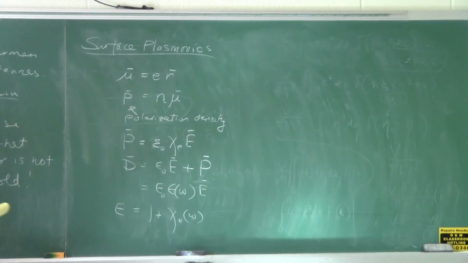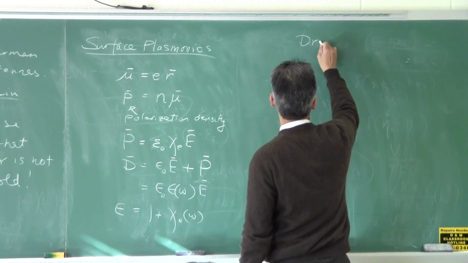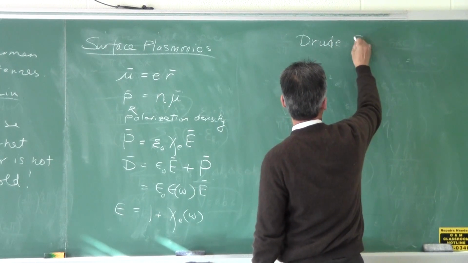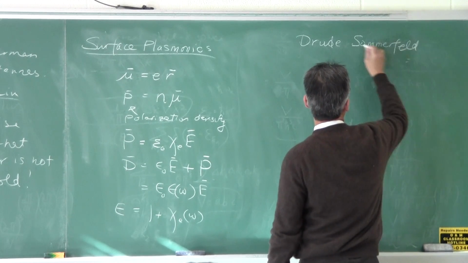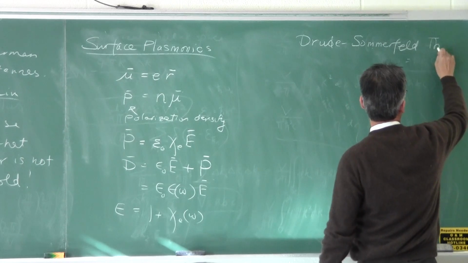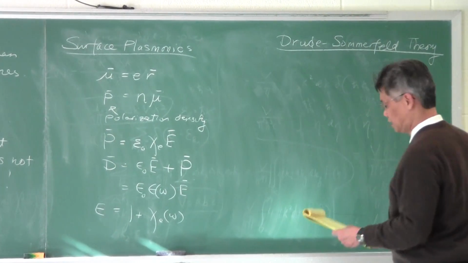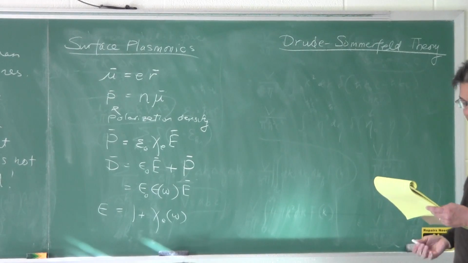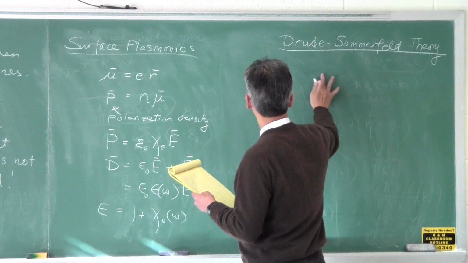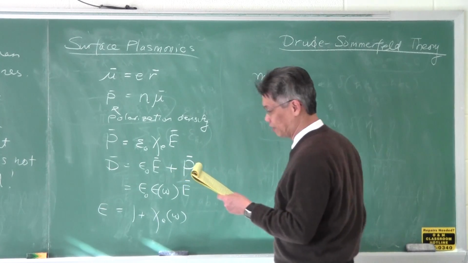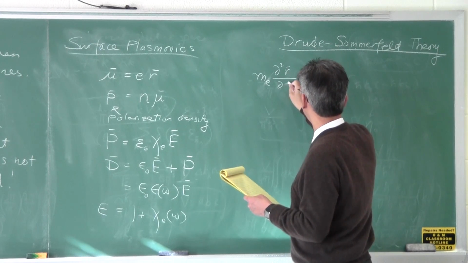Okay. So let's talk about the simple theory for dielectric constant, which is actually a classical theory, nothing very fancy. You can call it the Lorentz-Sommerfeld theory for dielectrics. And in this theory, you just write down the classical equation of motion, assuming that an electron has an effective mass, and that mass times acceleration gives you force.